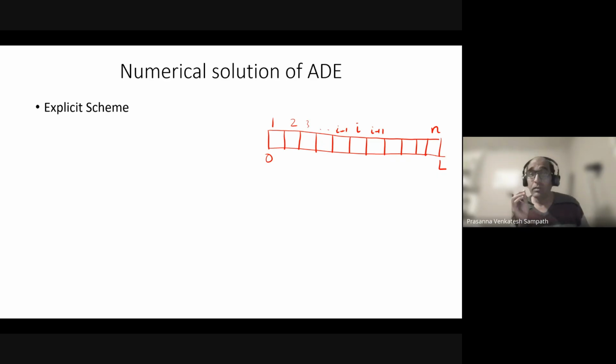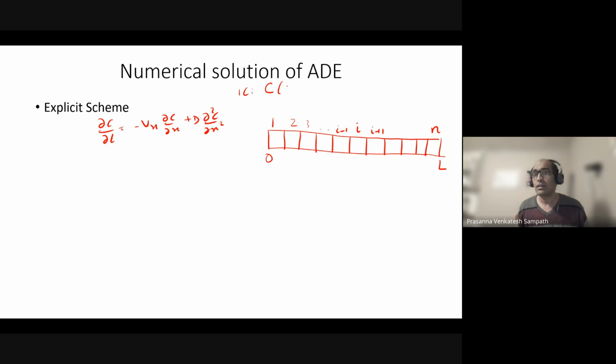Now remember, what is the equation that we are trying to solve? We are trying to solve dC/dt equal to minus Vx dC/dx plus D times d squared C/dx squared, subject to the initial condition. What was the initial condition?